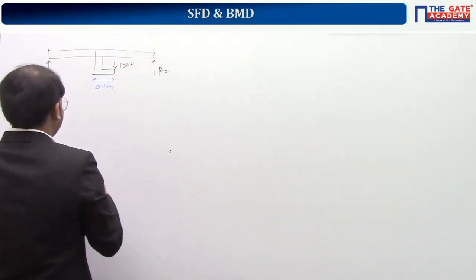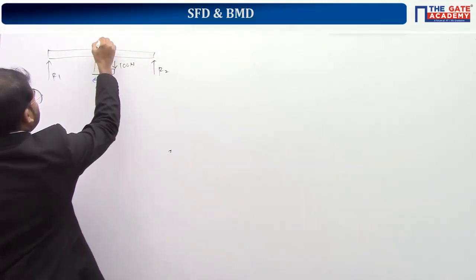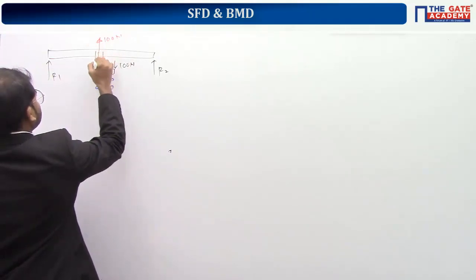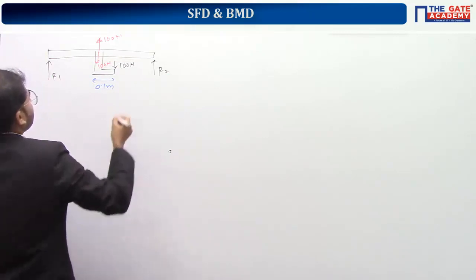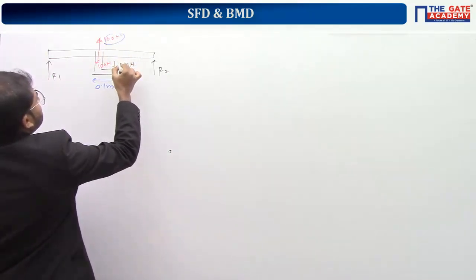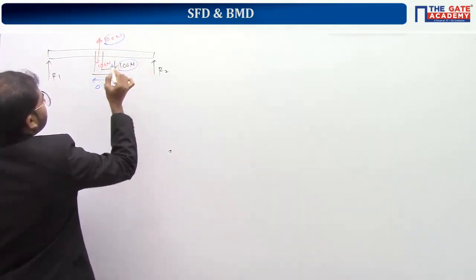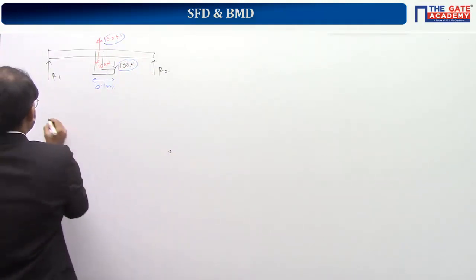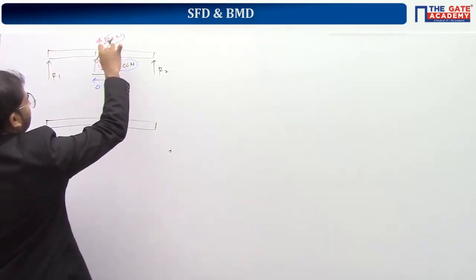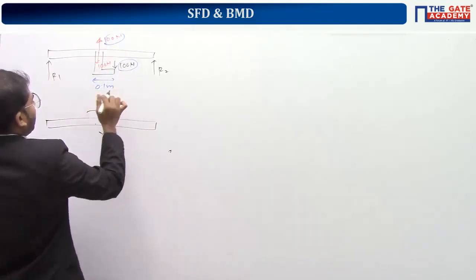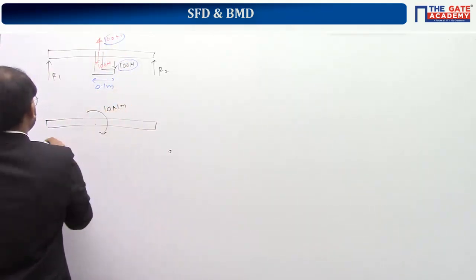To transfer that, we should apply an equal and opposite force at that location. If you see here, this 100 and this opposite 100 are making a couple. If you see the diagram, you'll get a clockwise moment of 100 into 0.1, which is 10 Newton meter.